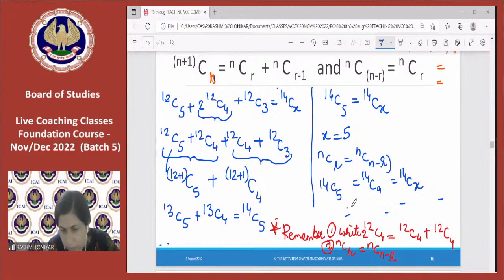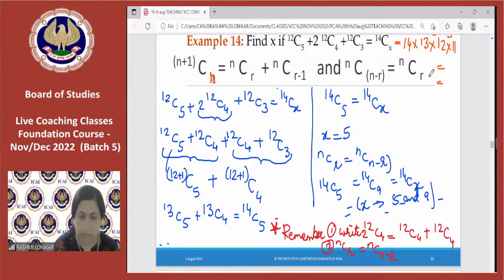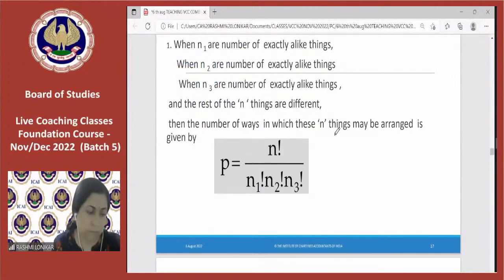So X can take the values 5 and 9. Clear? Hope it's clear now, Nital?